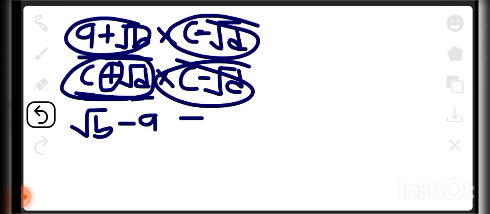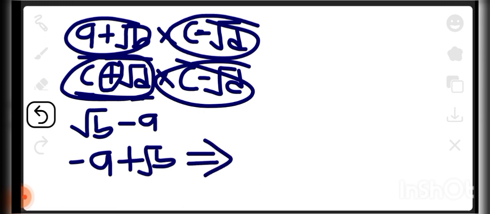Therefore, write it like this: minus A, this one is plus root B. For you to now find the conjugate, the conjugate will be minus A minus root B. So this should be the best way to get this conjugate. Make sure the real number is coming first. Follow it that way, so that everything will be nice.